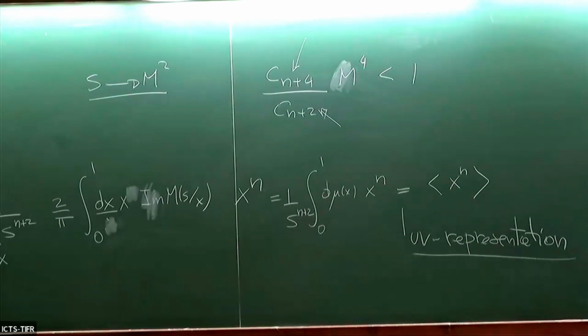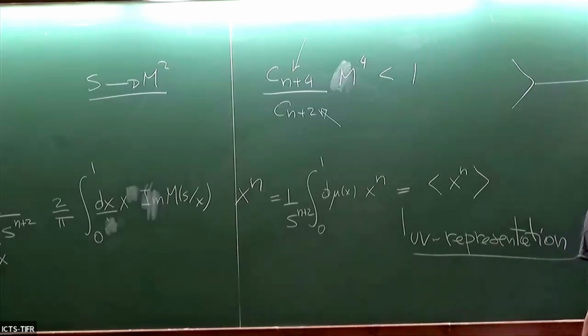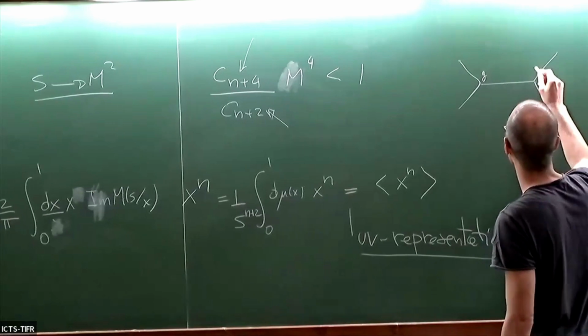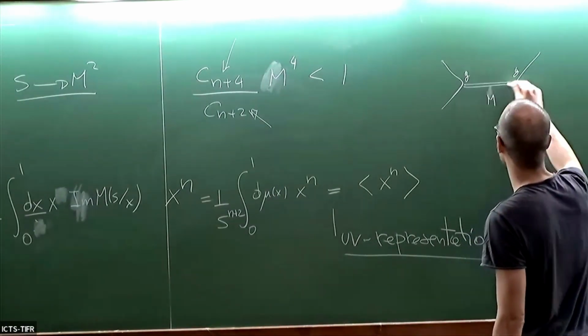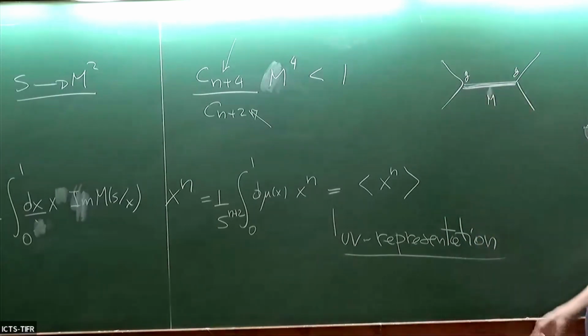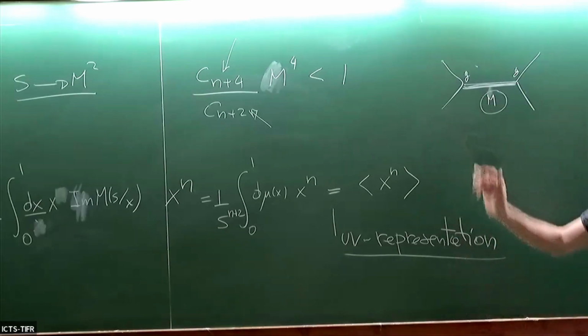I think it's very natural. If you think about it, let's be simple-minded: just tree-level exchange. You have a coupling here, and a mass exchange here, some heavy particle. It doesn't matter how small the coupling is. The new physics is at M, regardless of the size of g. That's what we are saying here.